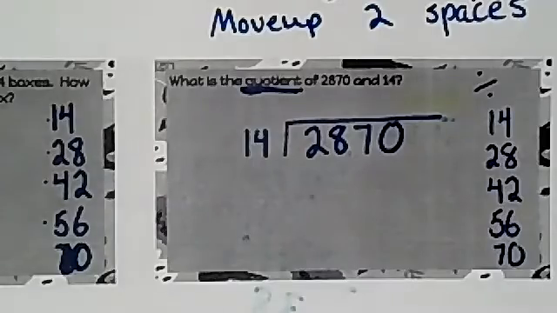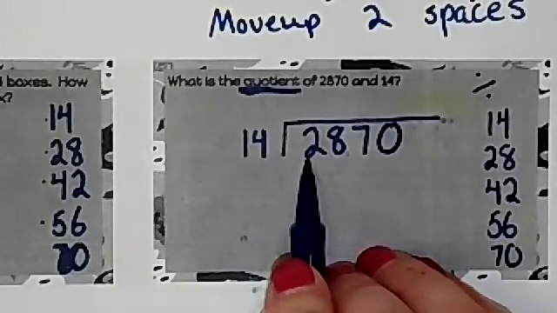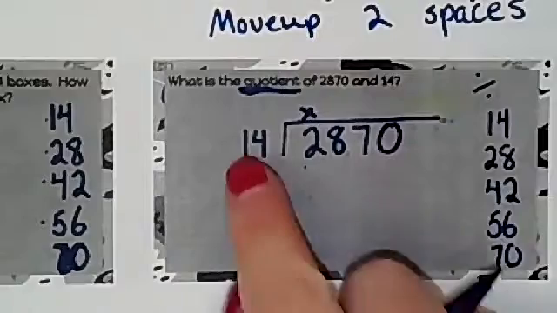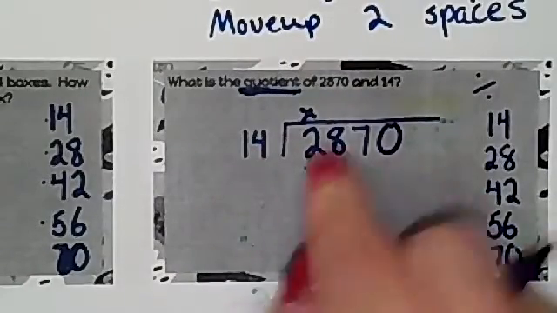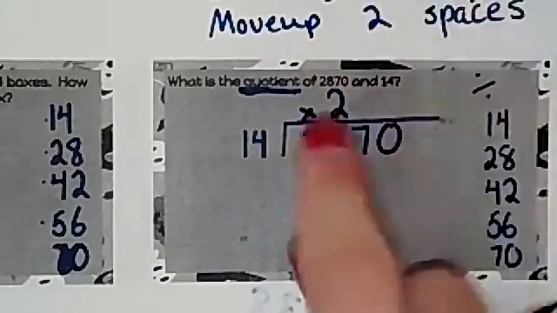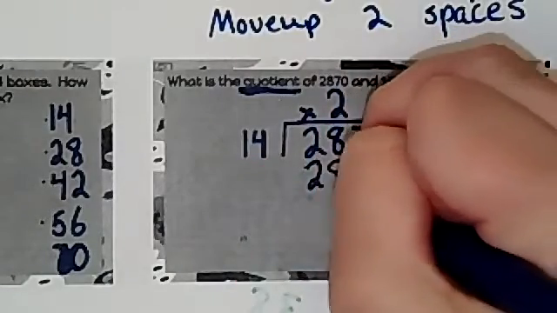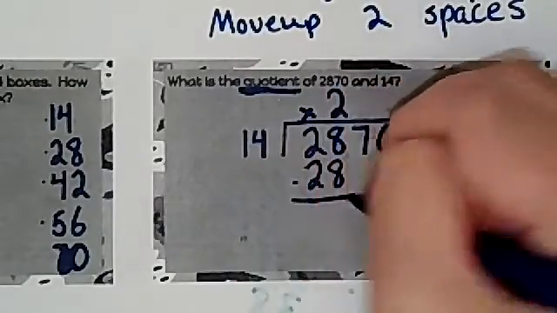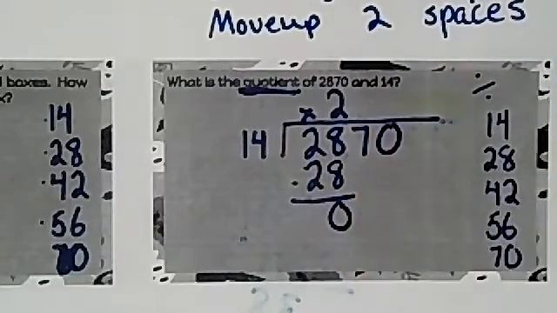Talia, you're up. Talia, how many 14s are in 2? 9. Talia, how many 14s are in 28? Very good. Talia, what is 2 times 14? Very good. And then I subtract. And when I subtract, I get a 0. Now, this is where a lot of you mess up.